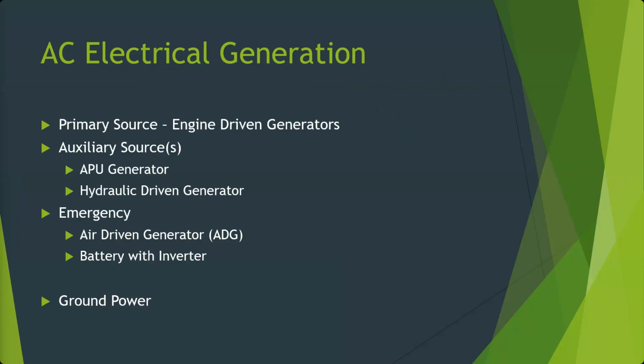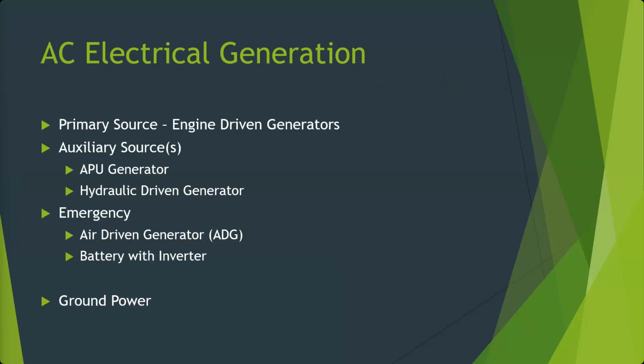Older aircraft, you had to do that manually. You had to connect the APU generators, disconnect the main generators. But now, most of those controls, when you were looking at controls in the earlier lecture, had an auto position, and that auto position means this logic all takes place automatically.